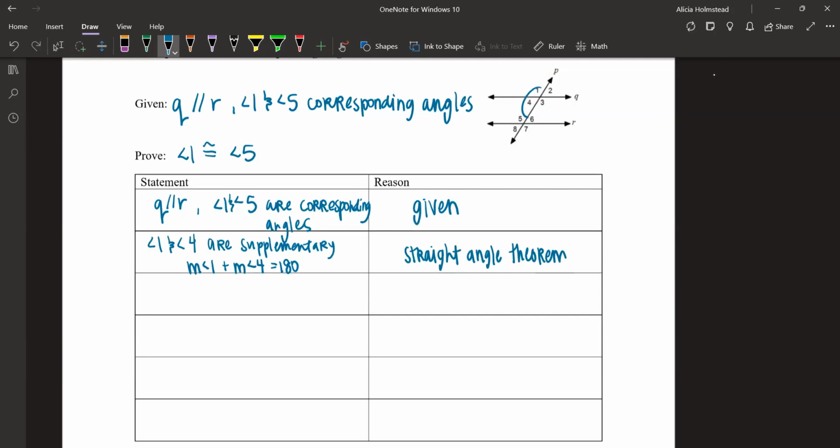Okay, we also know that 4 and 5 are supplementary. If we're looking at 4 and 5 here, those are same side interior angles.